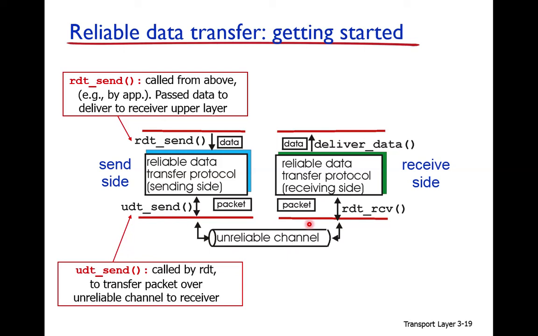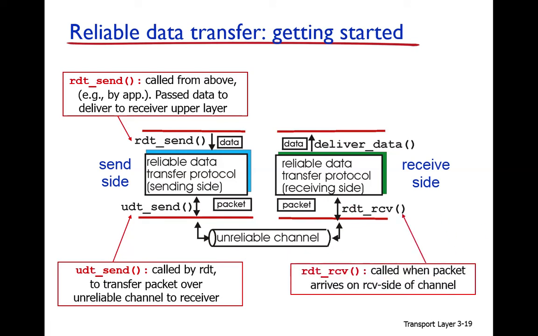Now at the receiving side, the data is received at the transport layer from the underlying network layer and unreliable channel, and it receives the data reliably. How is it received? It performs some activities, and we will discuss what those activities are.